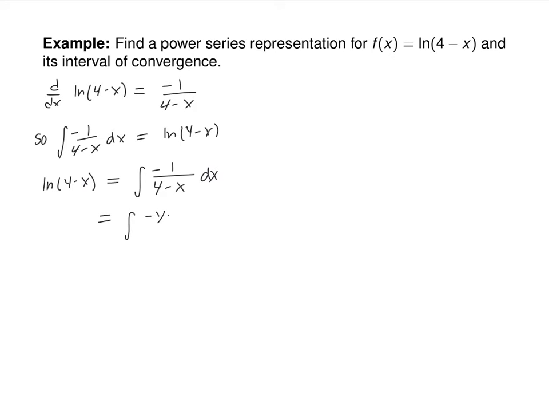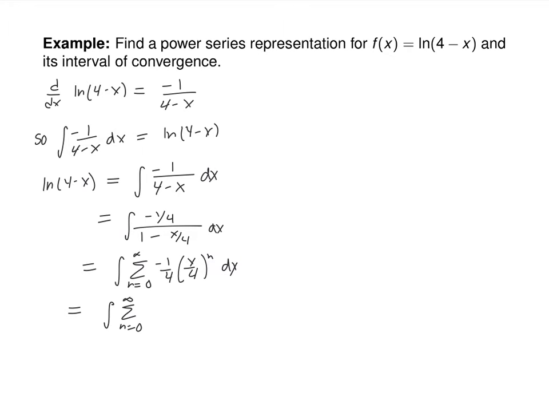So that's negative 1 over 4 over 1 minus x over 4, or the integral of the sum from n equals 0 to infinity, negative 1/4 times x over 4 to the n, which is the same thing as the sum from n equals 0 to infinity, negative 1 over 4 to the n plus 1, x to the n.